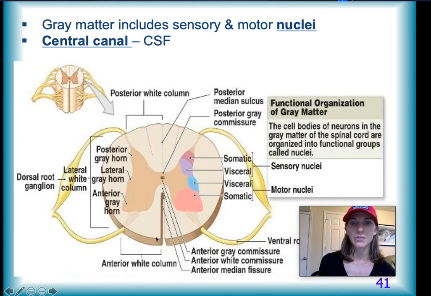But on the ventral side, we have what's called the anterior or ventral median fissure. So it's not a sulcus, but a fissure. Fissures are much deeper, and sulci are more superficial. If you think about the gyri and sulci, the bumps and grooves on the surface of the cortex, those sulci are the indentations, but they're not incredibly deep, whereas the fissures that we have in the brain are significantly deeper and more dramatic.